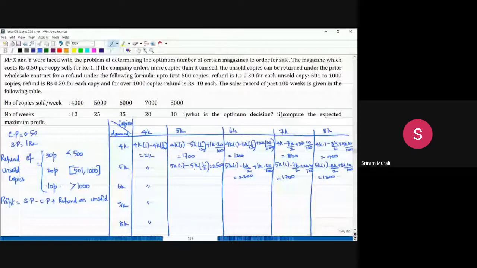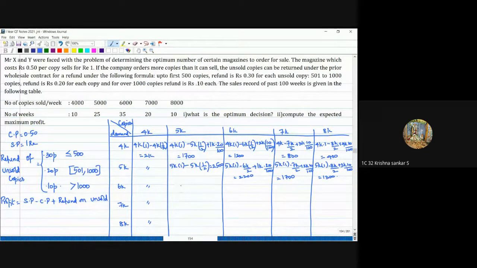What about this case? 6 and 5. Can you tell me what is the answer? Demand is 6000. Copy is only 5000. Do you have any unsold refund? No, sir.